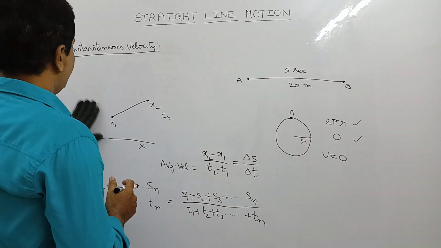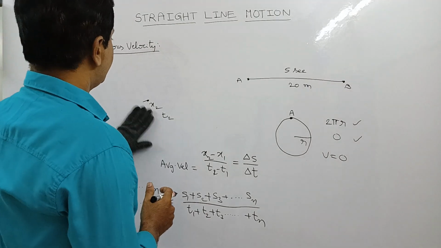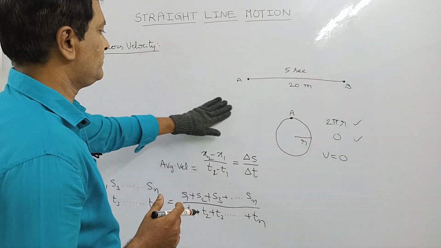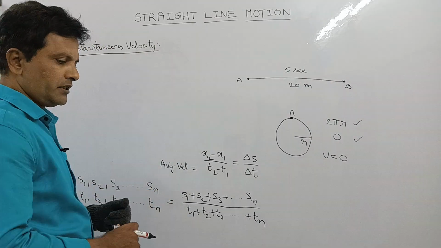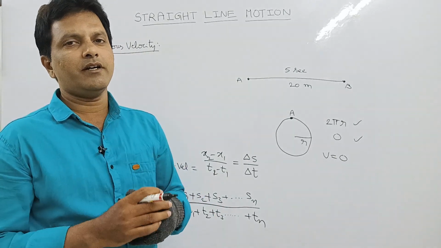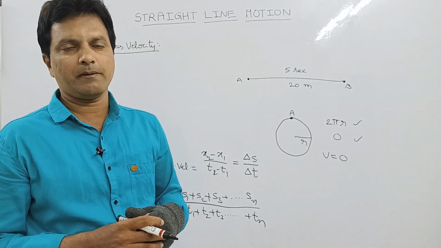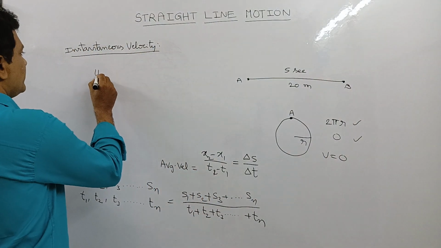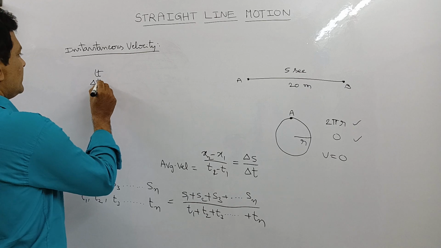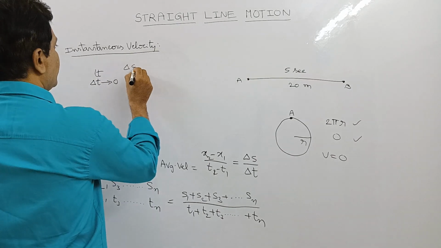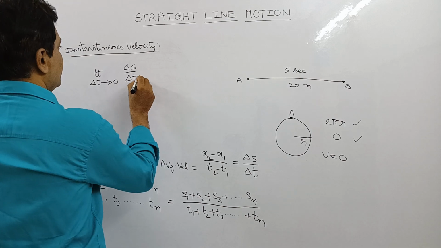So what is the actual definition of instantaneous velocity? This can be considered as the limiting value of average velocity. Limiting value. So here I will write it in this form: limit of delta t tends to 0, delta s by delta t.